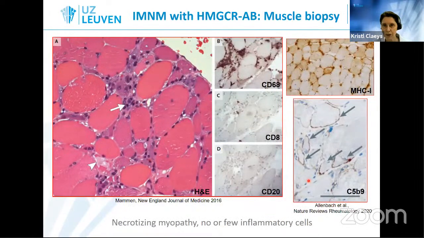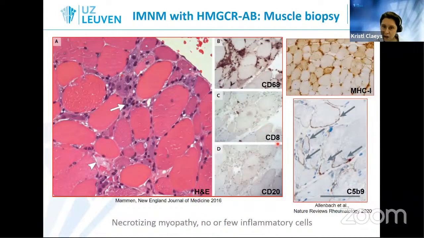Now, what does the muscle biopsy look like in this disease of immune-mediated necrotizing myopathy with these antibodies? We have a necrotizing biopsy, so we find necrosis and regenerating fibers. We usually don't find a lot of inflammation. Here we see CD68, a marker for macrophages, and you can see that it stains very positive; these are the macrophages involved in necrosis of the muscle fibers.